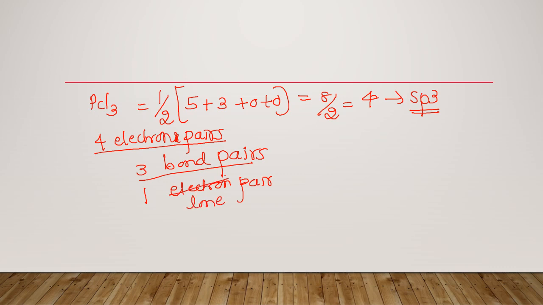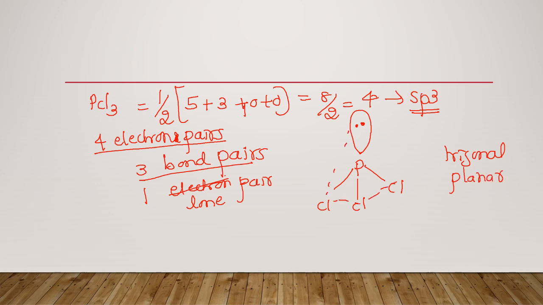Instead of tetrahedral, since phosphorus is bonded to 3 chlorine atoms, therefore 3 bond pairs and 1 lone pair, the geometry is trigonal planar. I hope this is clear.